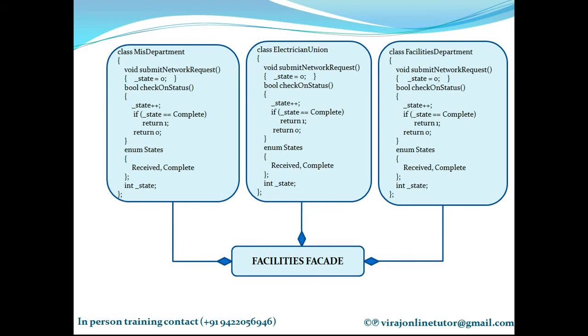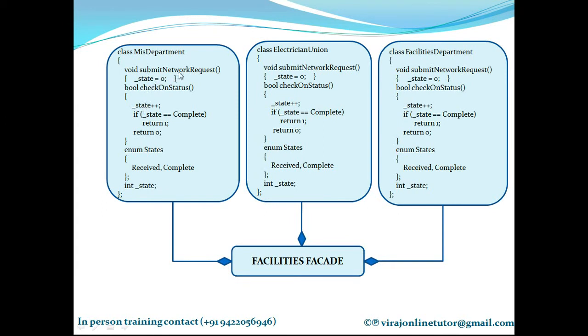I repeat, there is an enum that we use here for this particular class whose first state is received. Whenever this class receives a request for processing, it's in received state. Then it will go through different stages as this class resolves that issue, and once the issue is resolved, it will go to state complete. So this state variable will keep on incrementing.